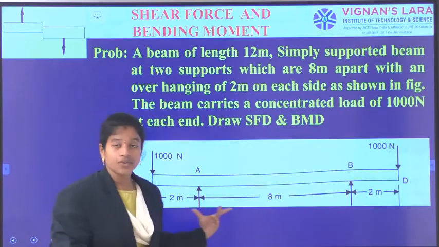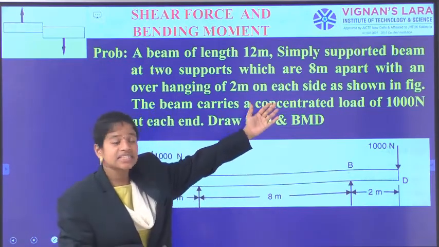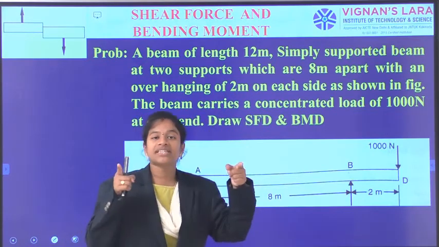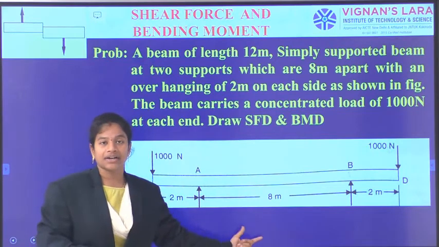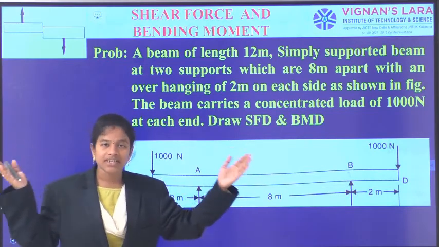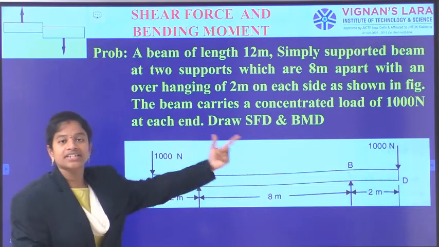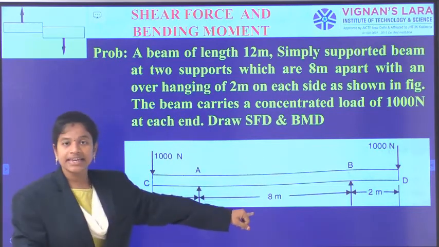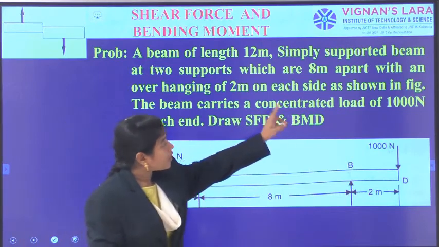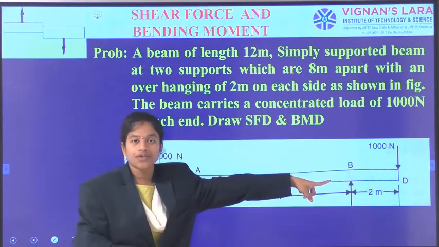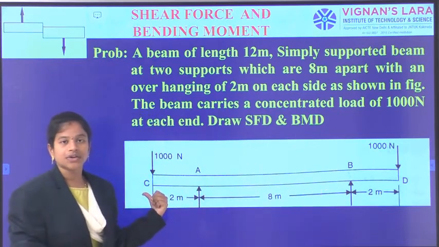So a beam of 12 meter length is there and it is simply supported at two supports, but those two supports are 8 meters apart. Beam length is 12 meters but the supports are 8 meters apart, with an overhanging of 2 meters on each side. The beam is carrying two concentrated loads of 1000 newtons at the free ends of the overhangs.